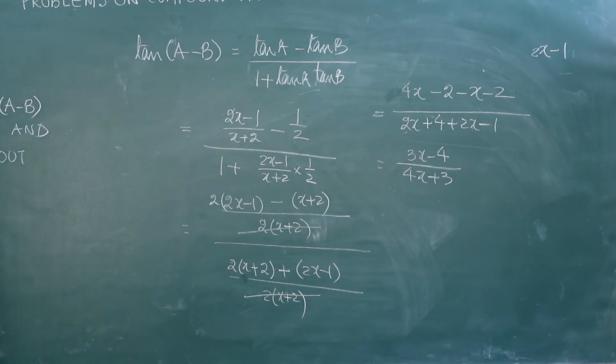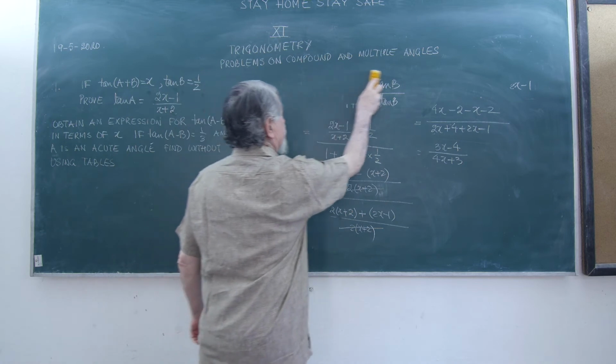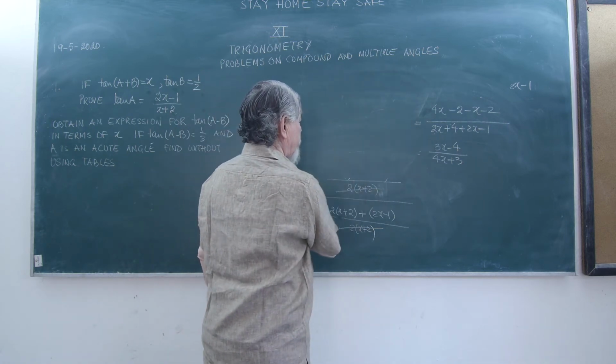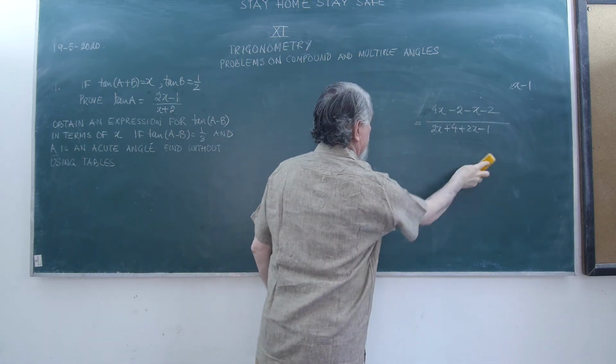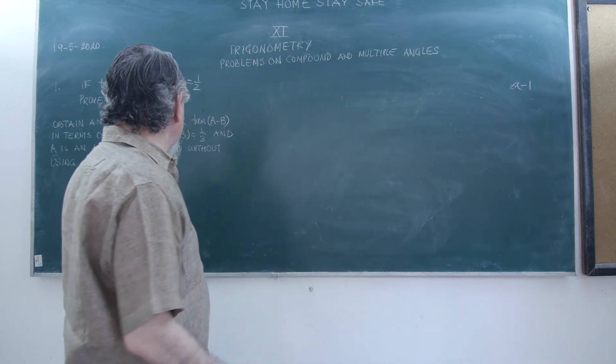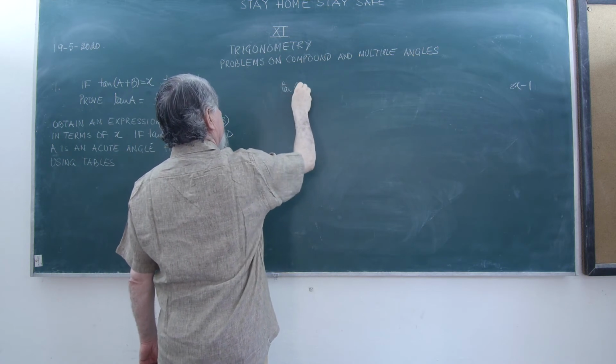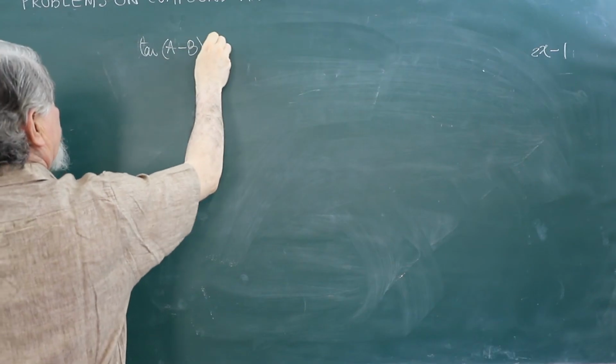Now he says if tan(A minus B) is 1 upon 3 and A is an acute angle, find without using tables.